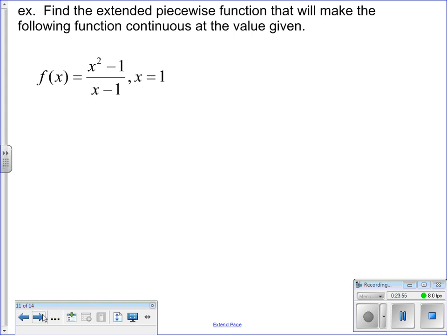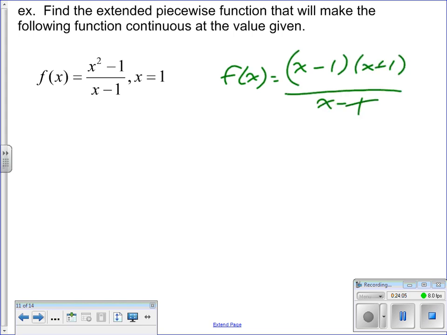If you were to graph it, because if you take f of x, x minus 1 times x plus 1 over x minus 1, those cancel, it's equal to x plus 1. The graph of x plus 1 is the same as this graph, except this one has a hole at 1.